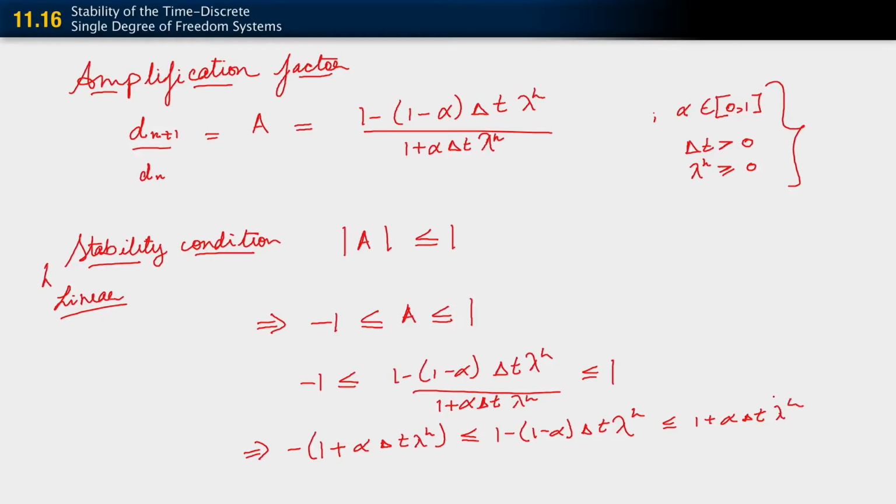Okay, to move on, let's just go to the next slide, and let's look at the right hand side of that inequality. So consider the following: 1 minus alpha delta t lambda h is less than or equal to 1 plus alpha delta t lambda h.